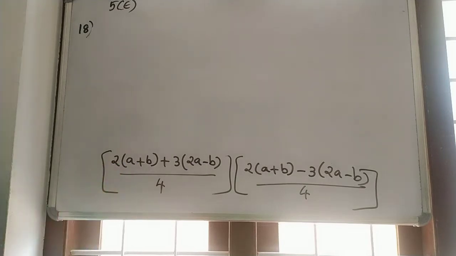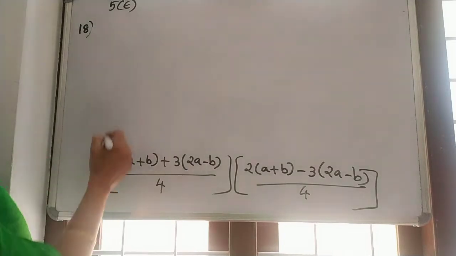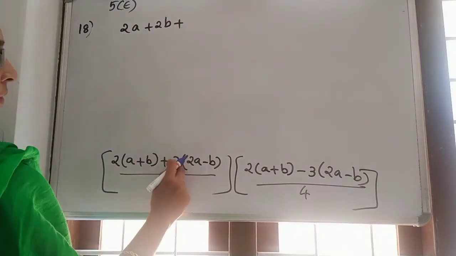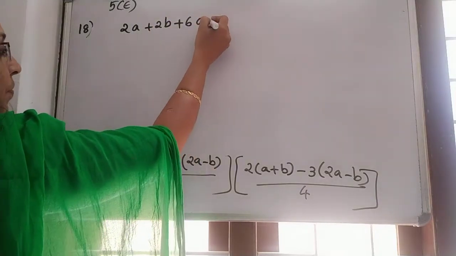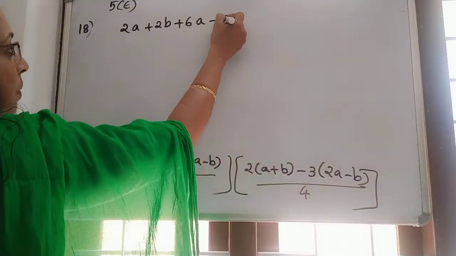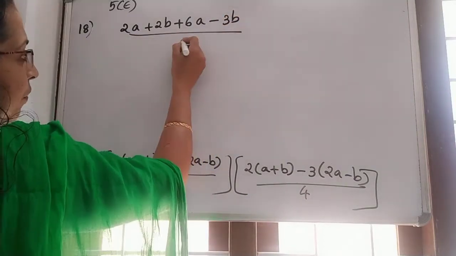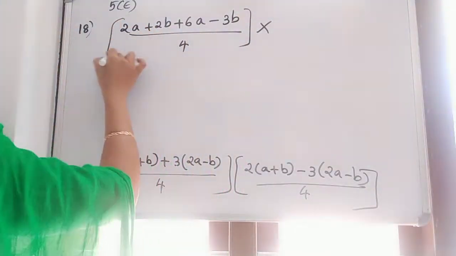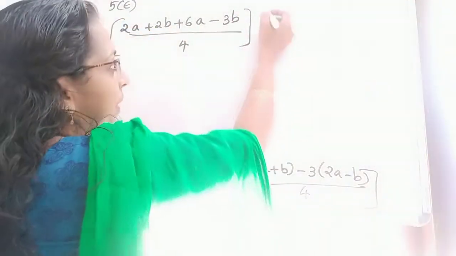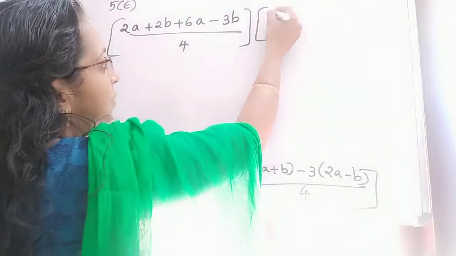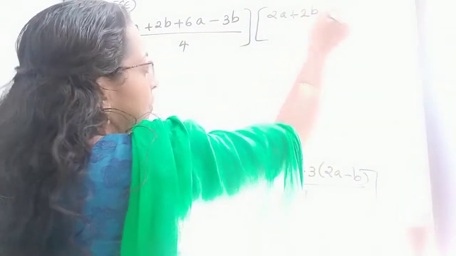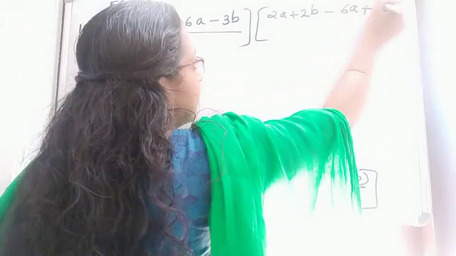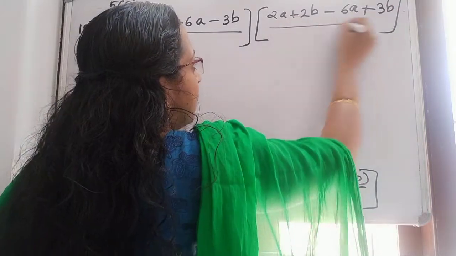So 2 into a plus b will be, change the brackets, so it will be 2a plus 2b plus 3 into 2a, 6a minus 3b divided by 4, then into 2a plus 2b, they are also changing the brackets, minus 6a plus 3b divided by 4.